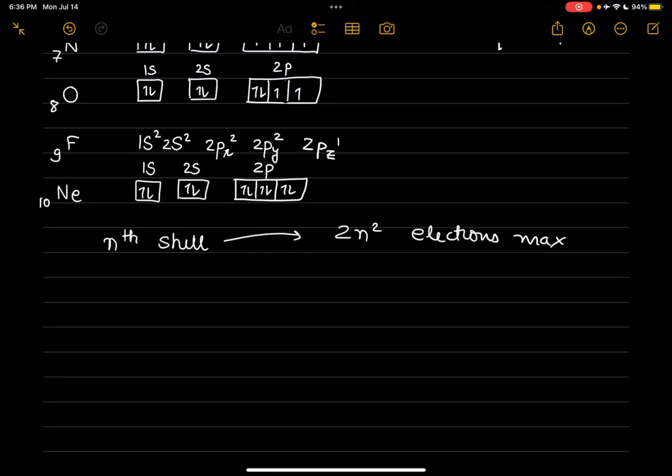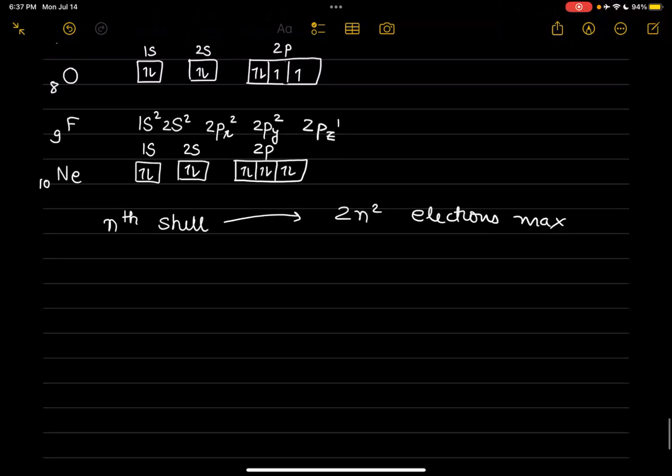N is 2, so 2 into 2 squared, 8 electrons, and you can see there are 8 electrons. Got it? Yes, sir. Second shell will have how many orbitals? I multiplied by 2 because each orbital can have 2 electrons. So to get the electrons, I multiplied by 2. To get the orbitals, just remove the 2. You have n squared orbitals. N squared is how many orbitals?